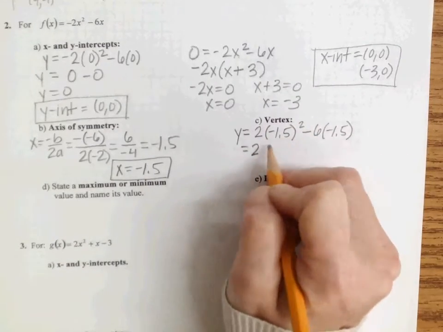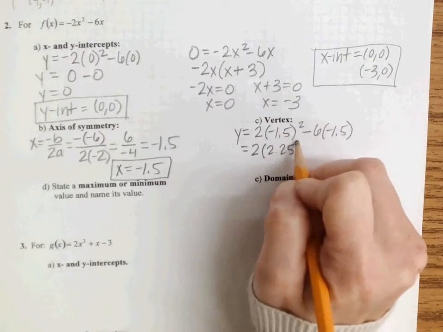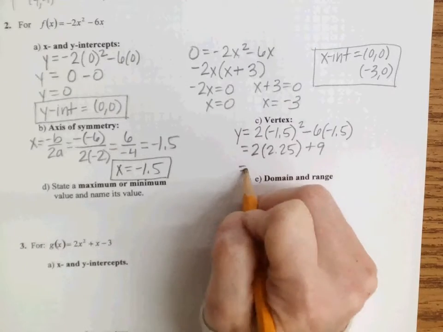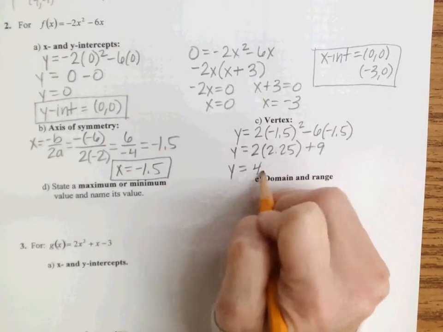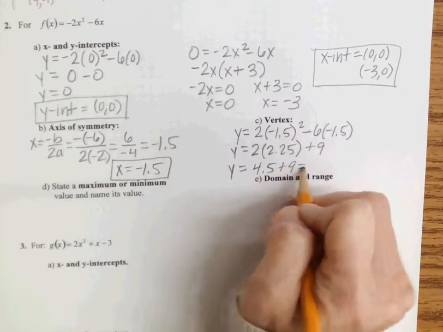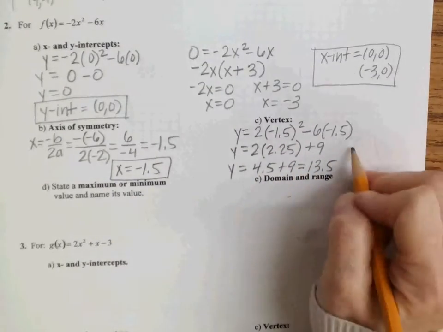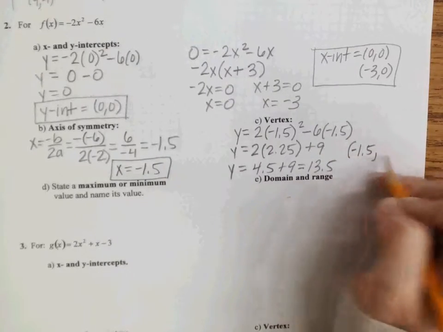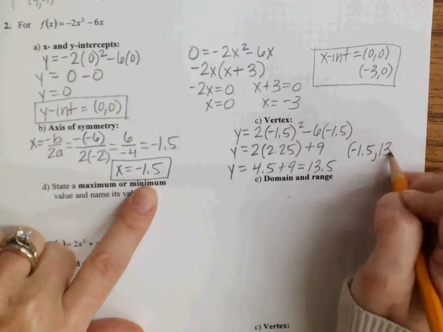So -1.5 squared is positive 2 and 1/4. Then I have positive 9. I keep simplifying. I have y equals 4.5 plus 9, which is 13.5. So the vertex, as an ordered pair, is -1.5, again it connects with the axis of symmetry, and 13.5.